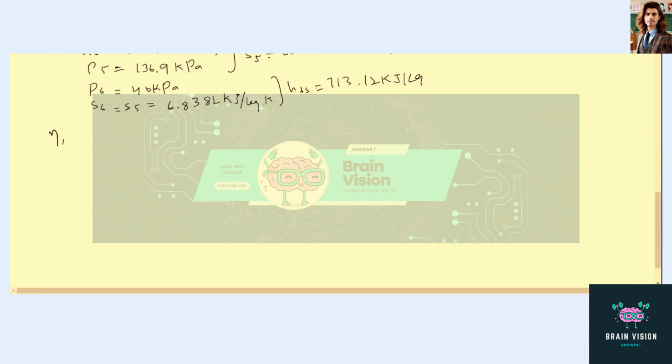So now the efficiency for a nozzle is equal to H5 minus H6 divided by H5 minus H6s, so 0.83 equals 1004.6 minus H6 divided by 1004.6 minus 713.12.